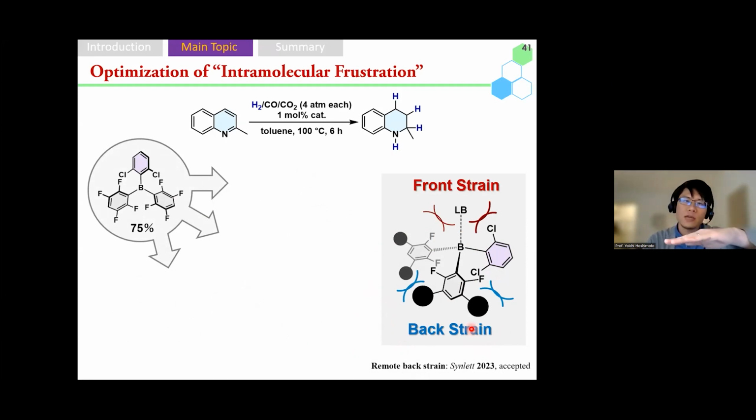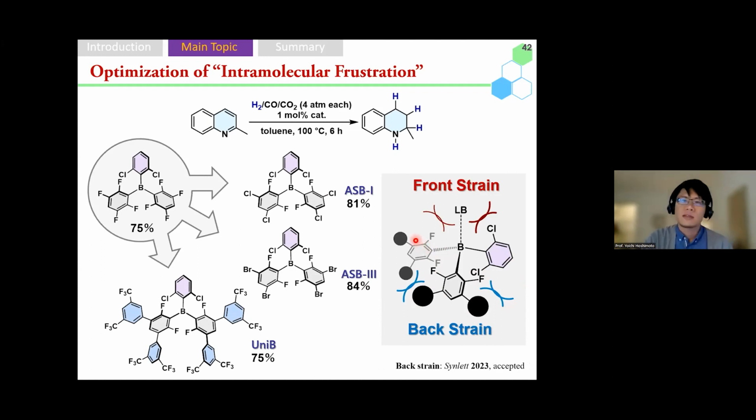But after coordination by Lewis bases, the geometry changes into tetrahedral. Then intramolecular repulsion, steric and electronic repulsion between remote substituents, is generated, and it goes back to the planar structure, promoting the dissociation of Lewis bases.